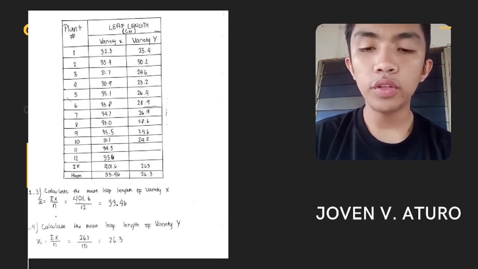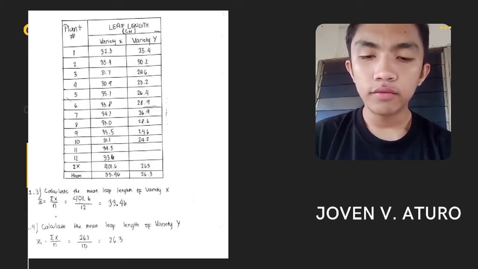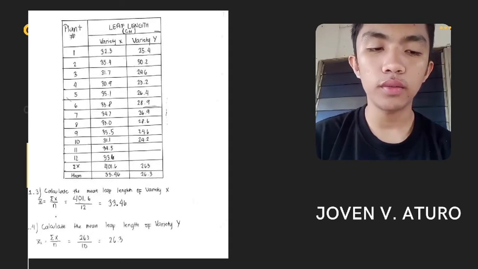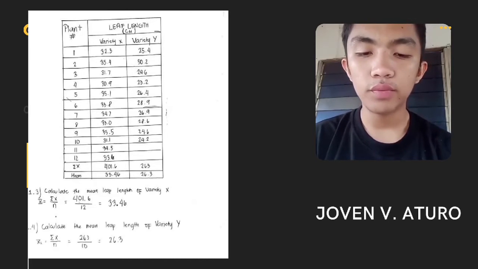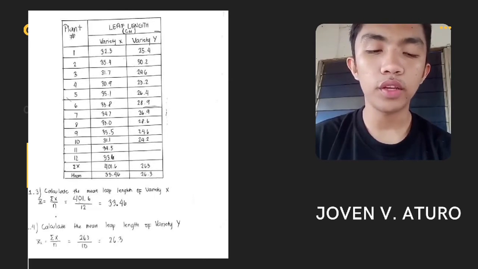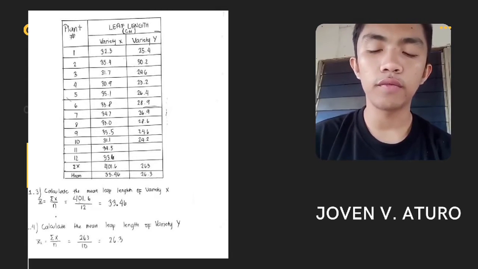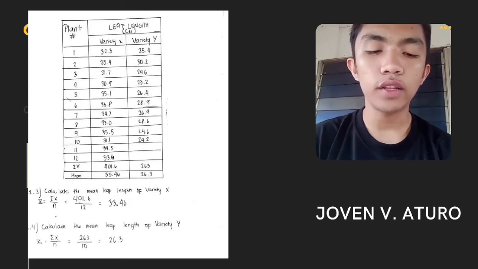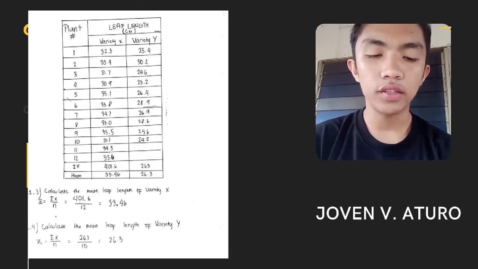Then in 1.4, in this given situation, we have to calculate the mean leaf length of variety y. Of course, it is the same as number 1.3, however we have to find the leaf length of variety y. First, we need to find the total of variety y. We add all the values of variety y, and the result is 263.